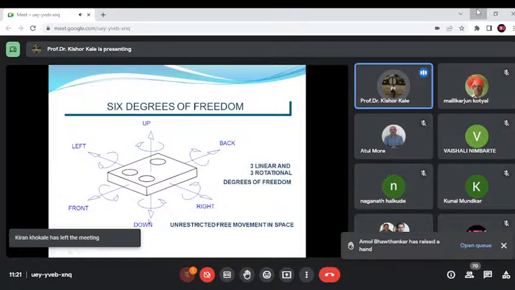I hope these are the basic things one has to understand while specifying the tolerance and while verifying the tolerance.